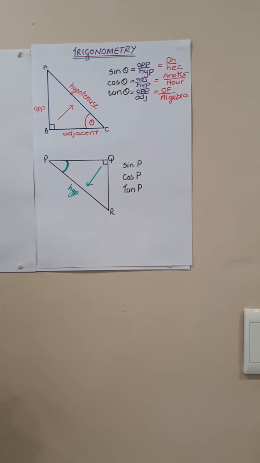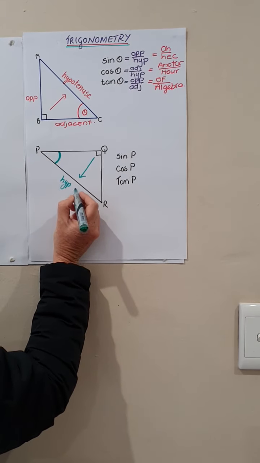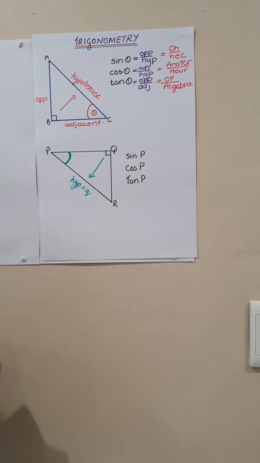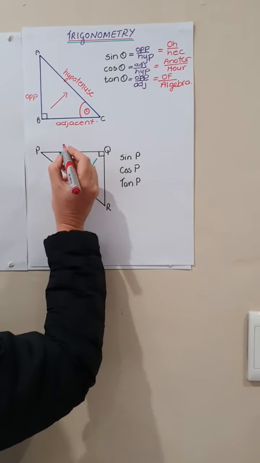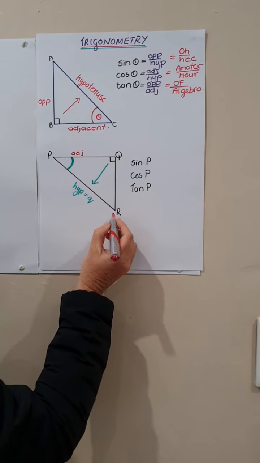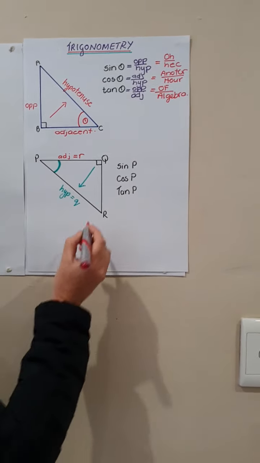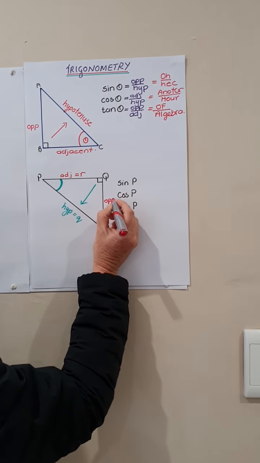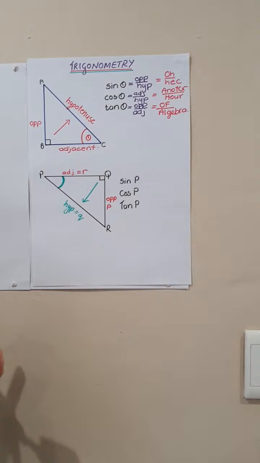Now, sometimes in trig, instead of calling this side PR, we're going to call it a little q, because it's opposite the big angle Q. Then the side next to this one is going to be our adjacent side, ADJ, and it can be referred to as a little r. And then we have the other side in the triangle, which is the opposite side, and because it is opposite P, we can refer to it as little p.